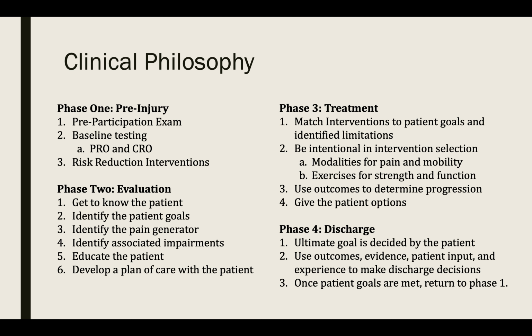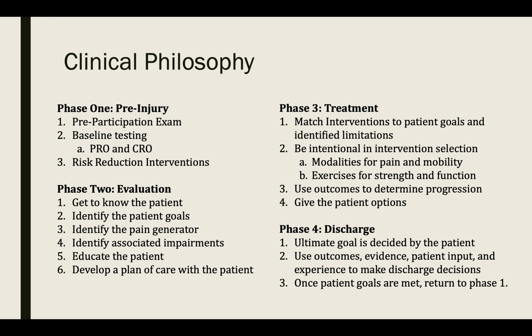To start, it's important to know that phase one, or the pre-injury, includes anybody who I may not have treated for an injury already. So anybody under my care falls into this phase one category prior to any injury that they may receive.